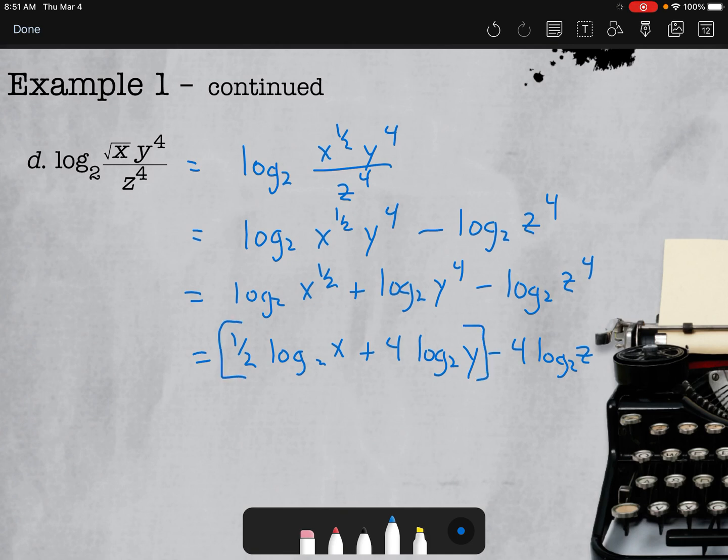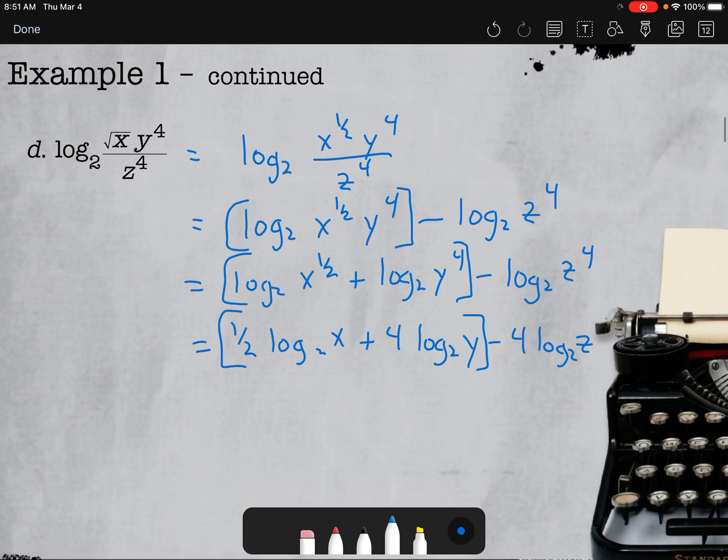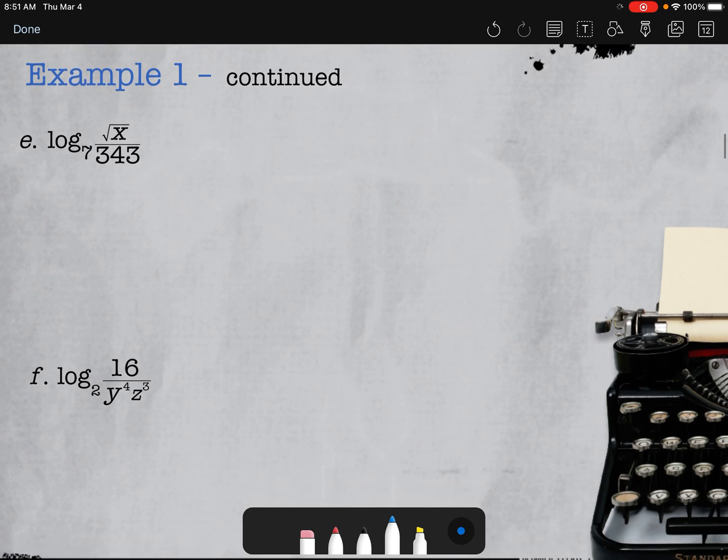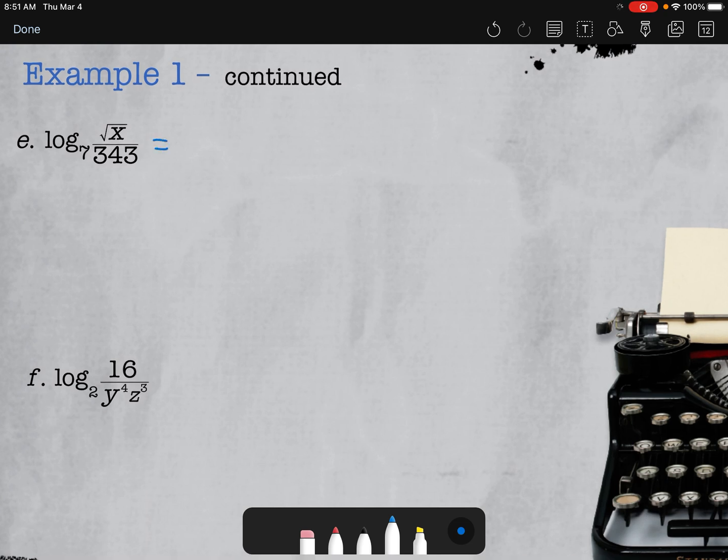And to be technical, since this is multiplied, we probably should do this first, just to be safe. So there's our product in the numerator, and then our denominator was z to the fourth. That's an expansion of logarithms. Okay, now I would have you do E and F on your own and then come back and check. So go ahead and pause it and do it and see what you come up with.